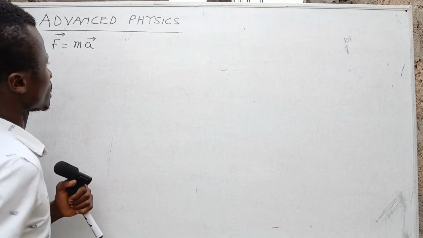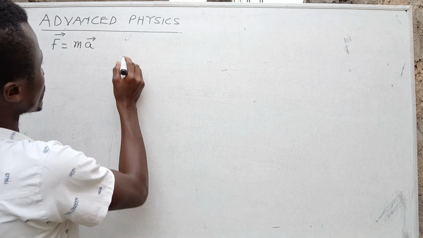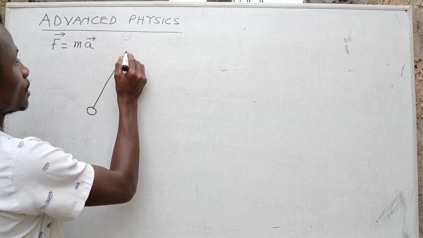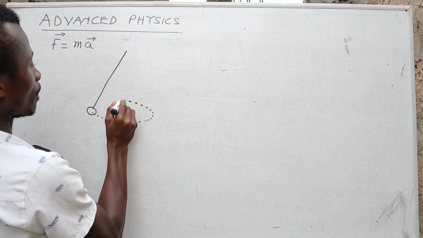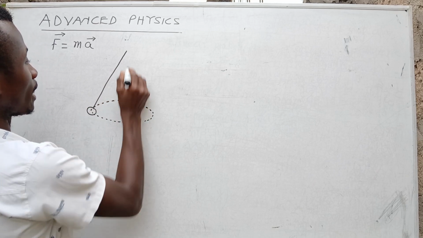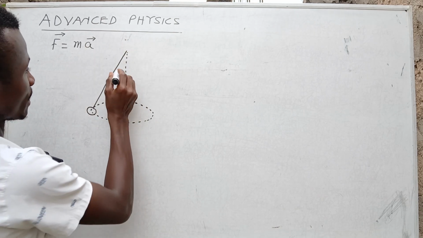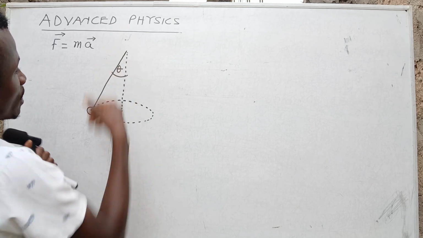The first of the applications we are looking at is what we call the conical pendulum, which is a system of a string attached to a mass, whirled in a horizontal circle. At each point in time, when you take a snapshot of the system, the string makes an angle theta with the vertical.